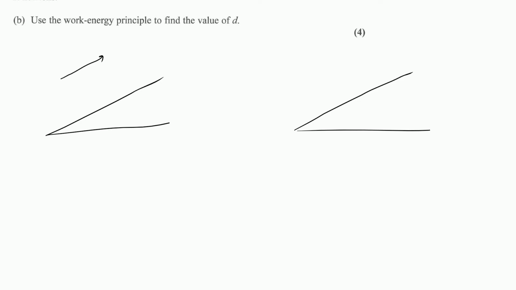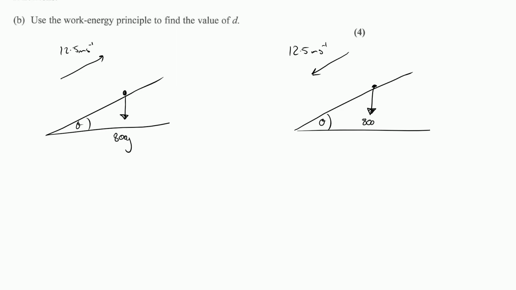So this is the case where we're at 12.5 meters per second uphill, and this is the case where I'm at 12.5 meters per second downhill. In both cases my angle here is theta. I've got my car which has mass 800 kg, that's the same in both cases.